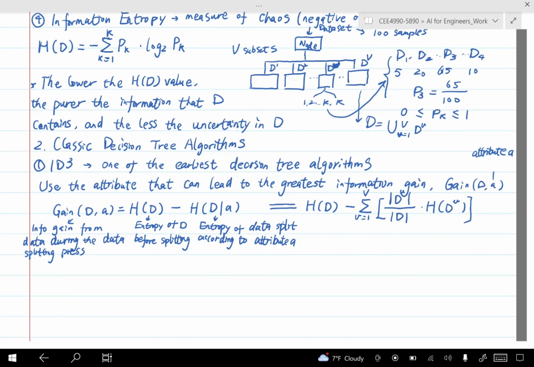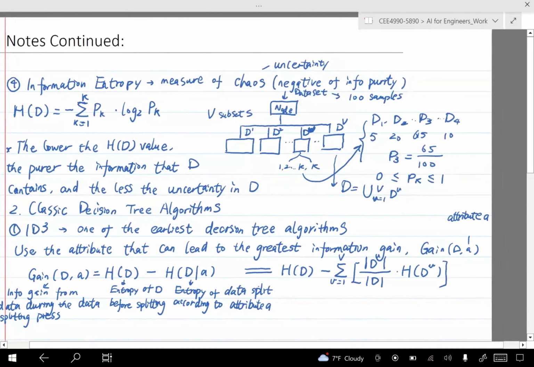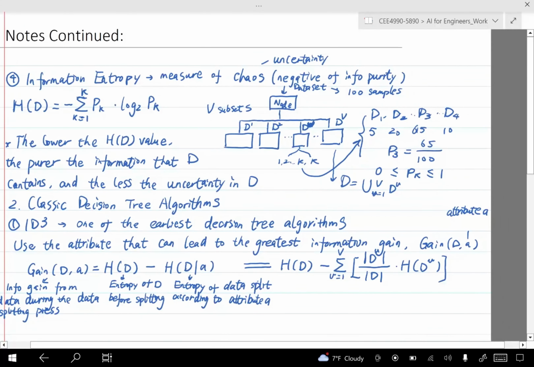Can you guys understand it? Sorry about the confusion that I made here when we were talking about this. Again, we split it into V sets, but this H thing needs to be calculated for each subset because it's based on K categories. For each of them, we have different classes of data in it. Then we calculate the ratio of each of them.